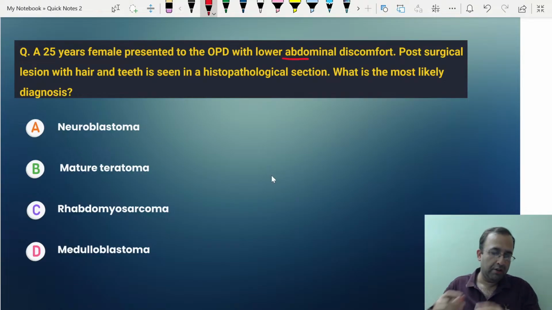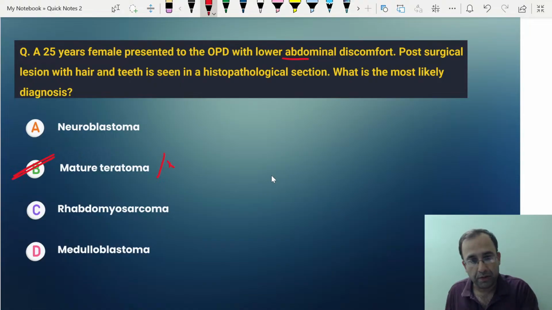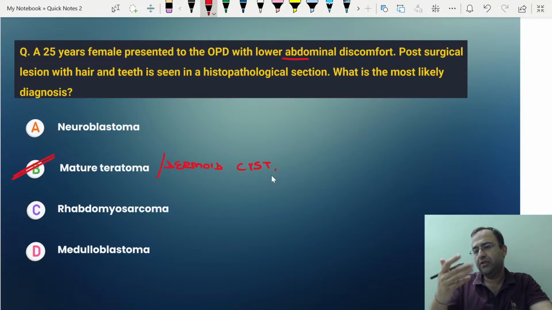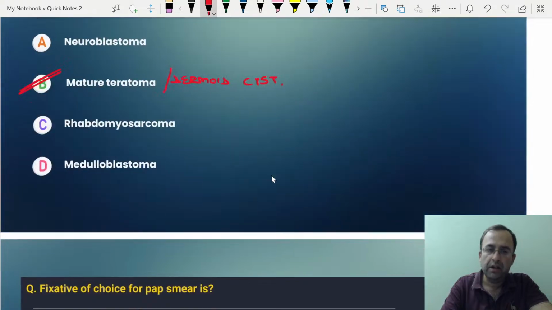But the minute we have an ovarian lesion with hair and teeth extruding out, it is a teratoma, dermoid cyst or mature cystic teratoma. This is the most common germ cell tumor of the ovary in young females. It has all three layers: ectoderm, mesoderm, endoderm. So hair, teeth and cheesy material extrude out.